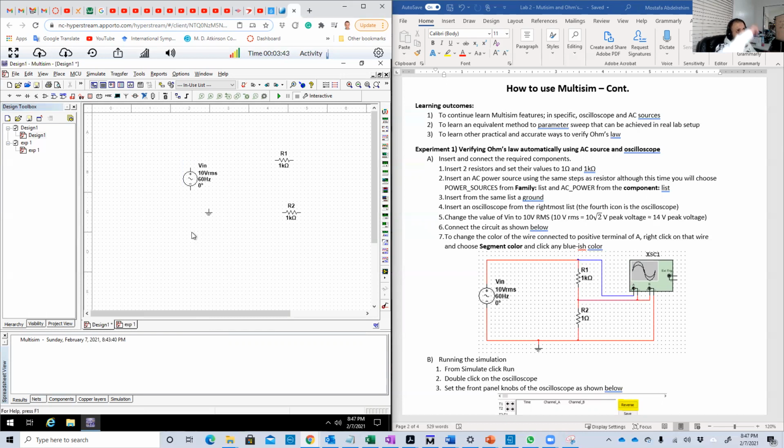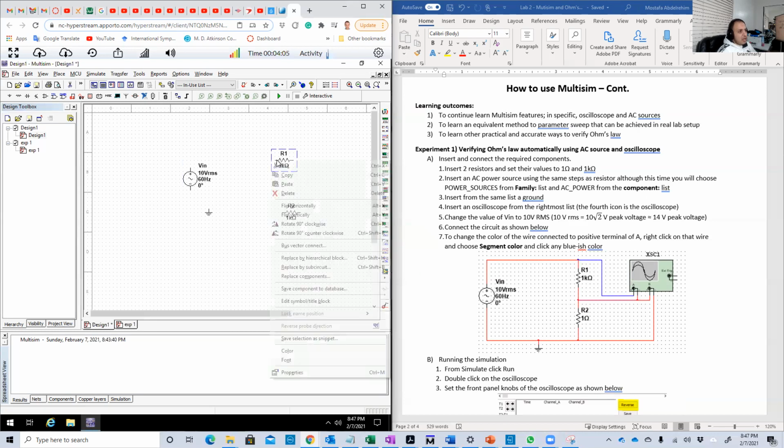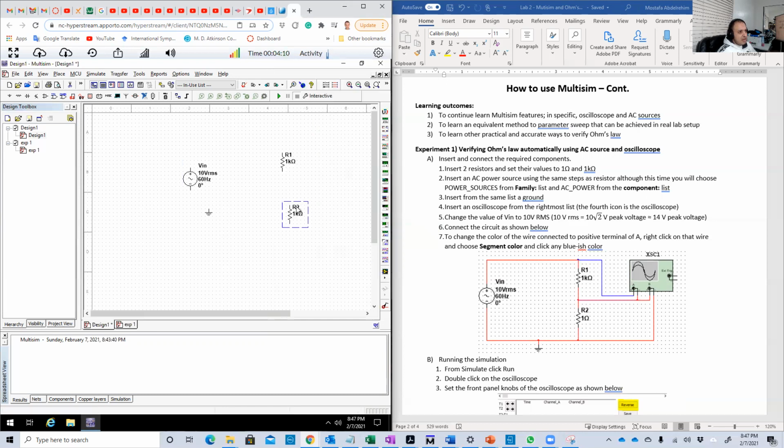Basically, Vmax, the maximum of the sine wave, is the RMS value multiplied by the square root of 2. So here, with 10 volt RMS, the peak will be 10 times the square root of 2. The square root of 2 is around 1.4, so we expect the input to be 14 volt maximum.